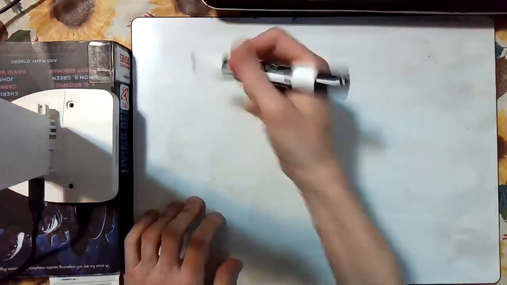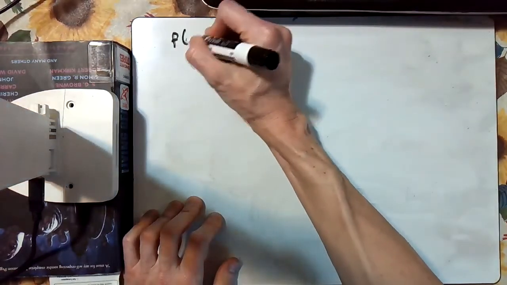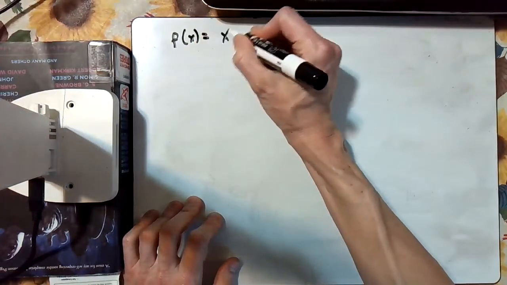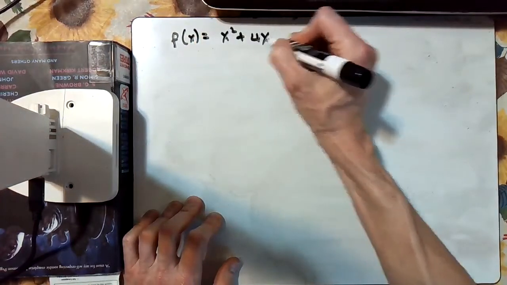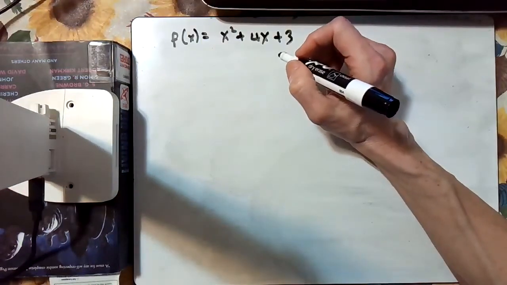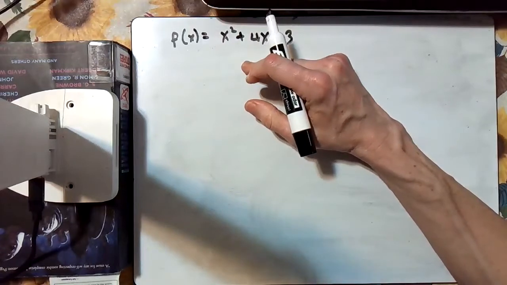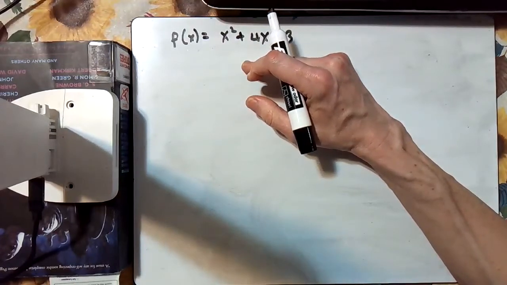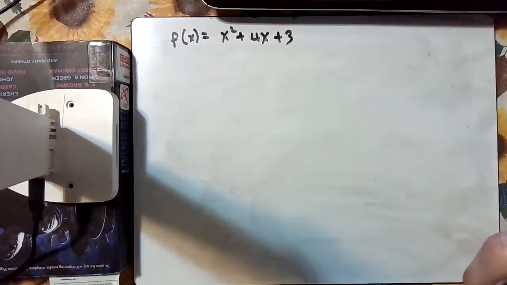Let's say we had f of x equals x squared plus 4x plus 3. When I could convert it to that first form, a times x minus h squared, we're just immediately going to ask whether it opens up or down, what the vertex is, and stuff like that.